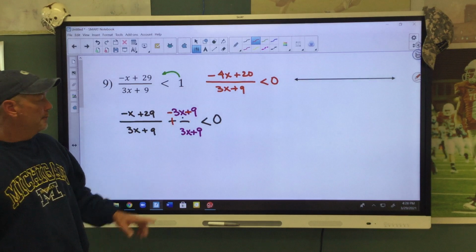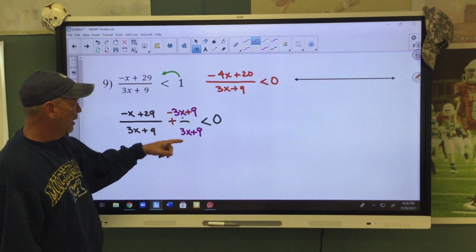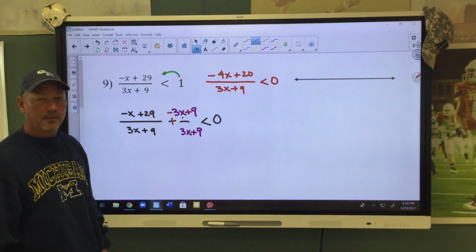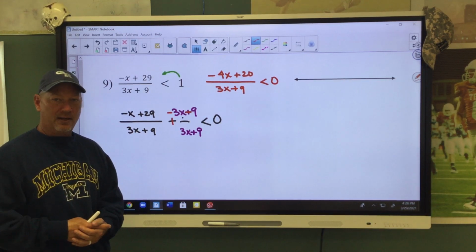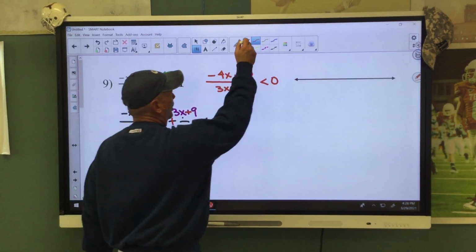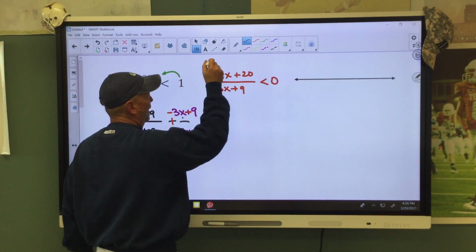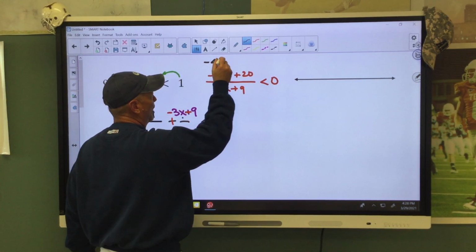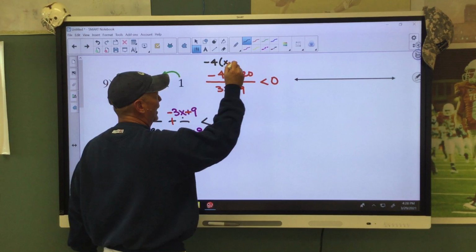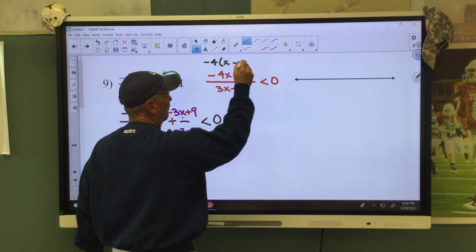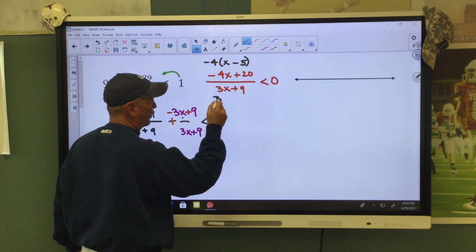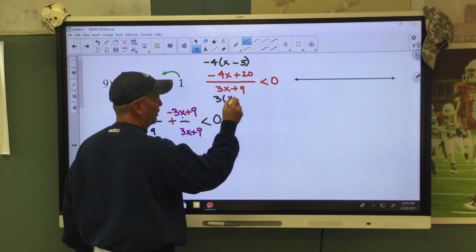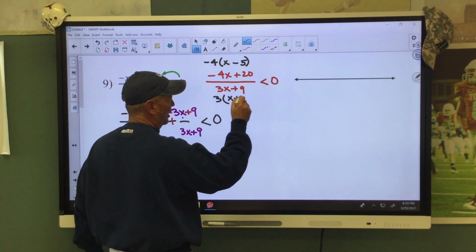All right, so you understand what we did. We moved the 1, got a common denominator, combined like terms. Now we're going to factor. I'm going to factor out a negative 4, and that's going to leave me with x minus 5. I'm going to factor out my greatest common factor of 3, and that's going to leave me with x plus 3.